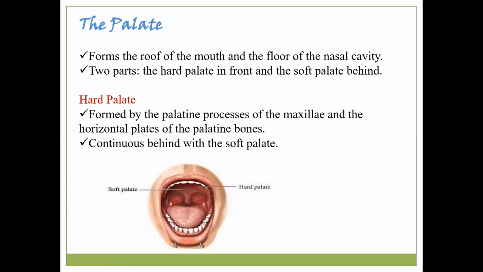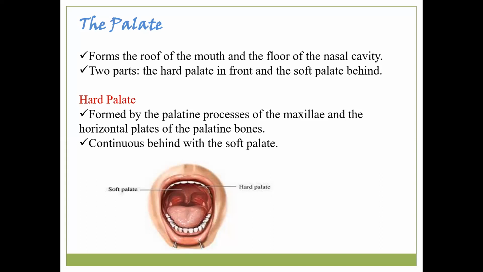So palate, you know palate, there are two parts, hard palate and the soft palate, and these two parts form the roof of the mouth and the floor of the nasal cavity. So the hard palate is the one which is situated anteriorly and the soft palate is the part which is situated posteriorly.